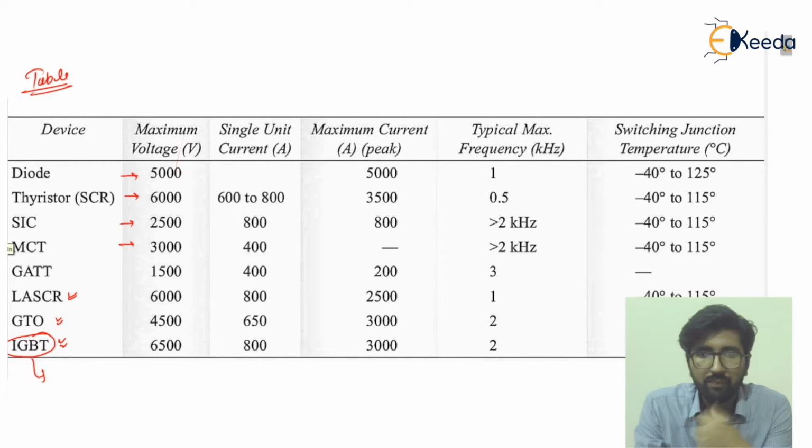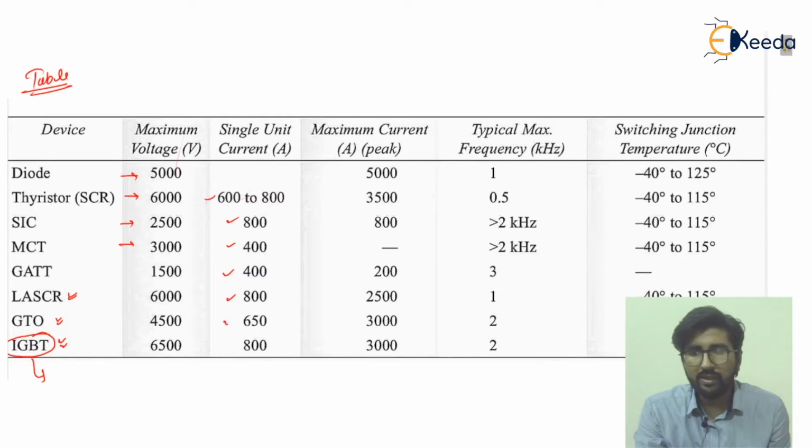Now, the single unit current in ampere is 600 to 800 for the thyristors, for SiC it is 800, and for the MCT it is 400. We need to know the maximum current capability each can handle.